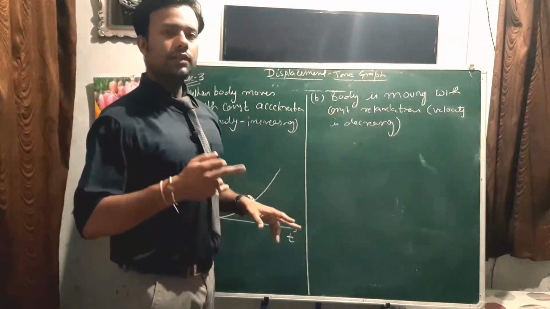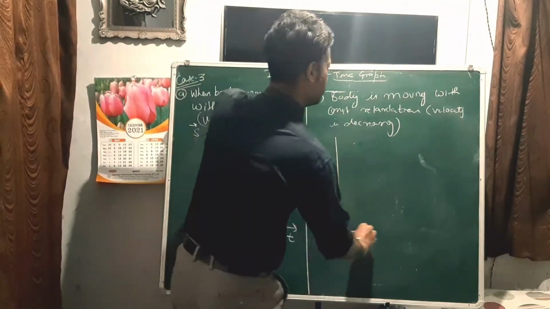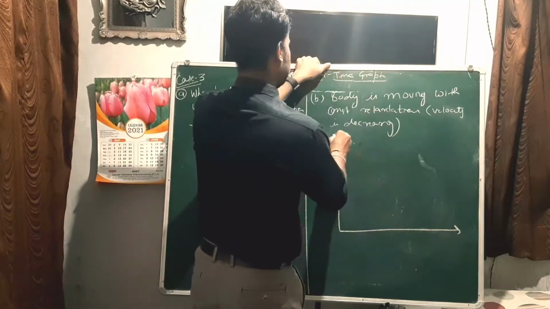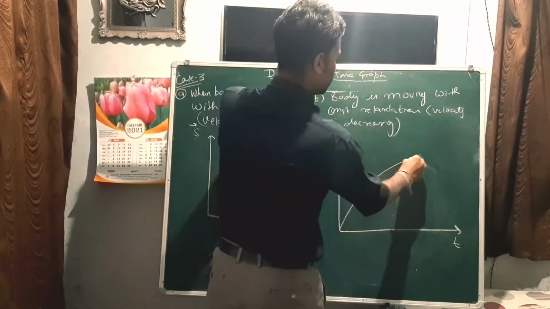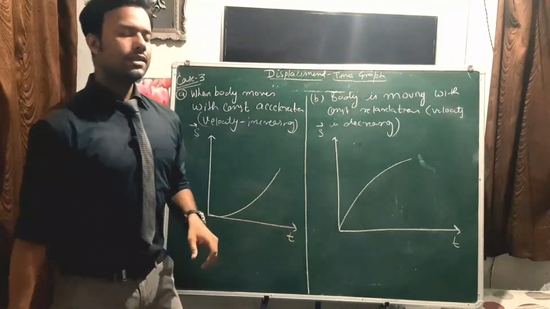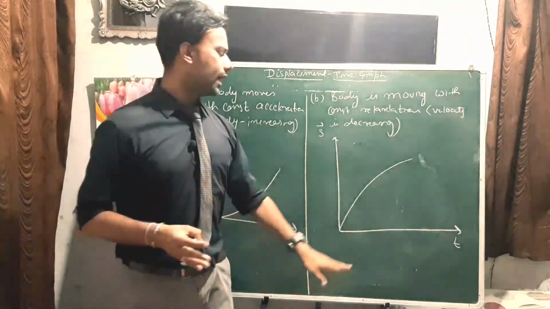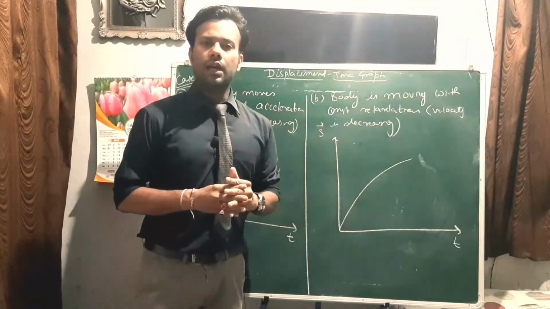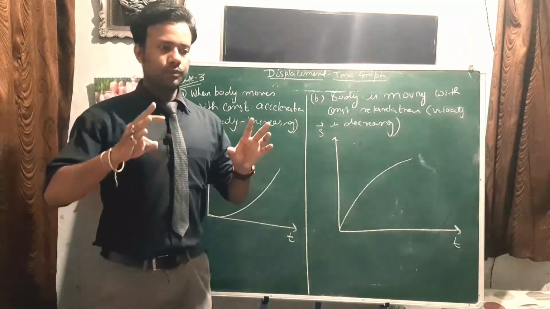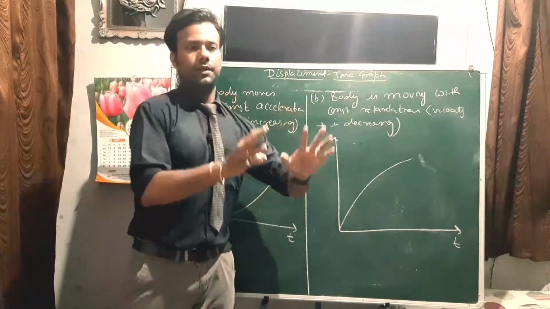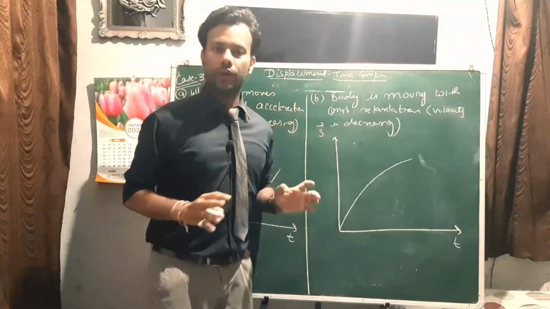Body is moving with constant retardation, that is, the body's velocity is decreasing. It means the graph will be like this. Now here you can see that the graph is becoming parallel to the x-axis. Suppose you push a trolley by applying some force on it.